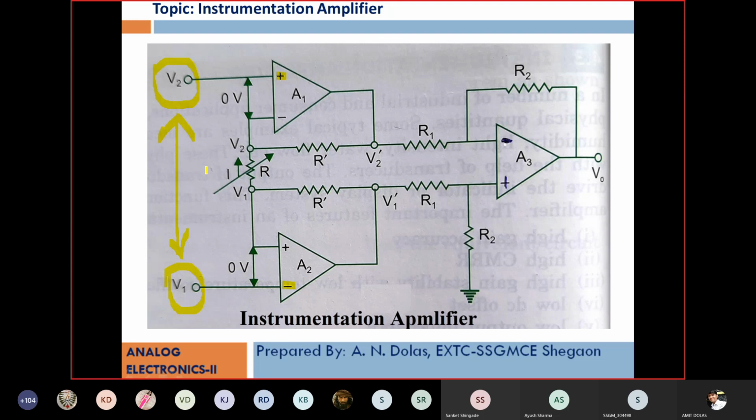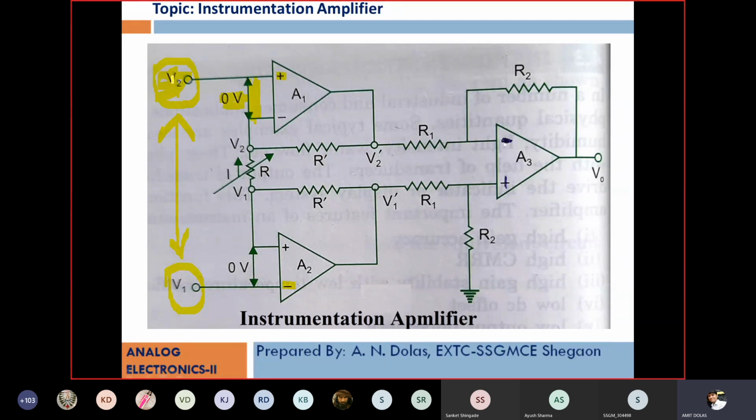So when V1 is equal to V2, it is called a common mode signal. Both the signals are the same. And for a common mode signal, the output must be equal to 0 because we need a very, very high CMRR, common mode rejection ratio. Similarly, whatever may be the value of V2, to keep the differential voltage equal to 0, this arrow here between the inverting and non-inverting terminals of A1 is referred to as the differential voltage, and ideally it must be equal to 0.